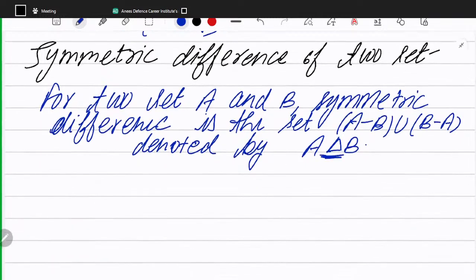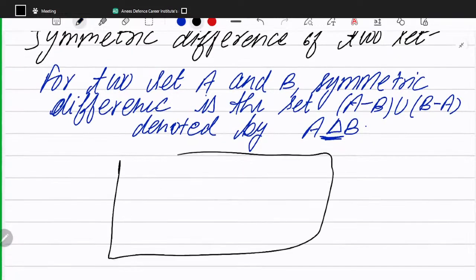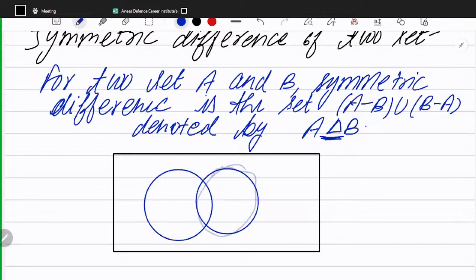This is the symbol of symmetric difference, and I'm showing it in a Venn diagram. Symmetric difference means A minus B union B minus A.